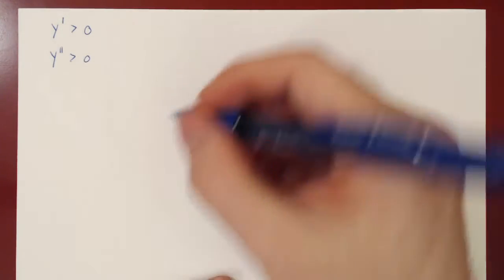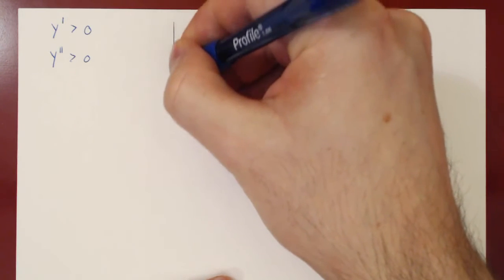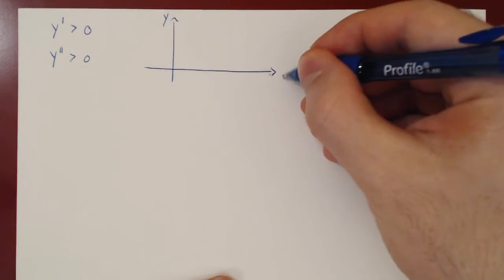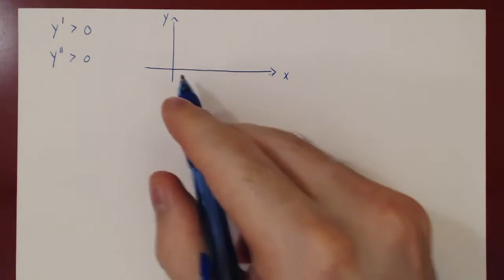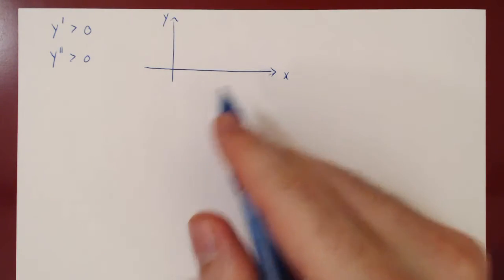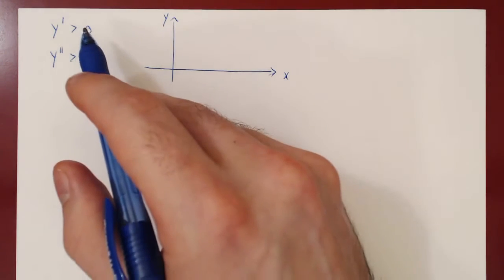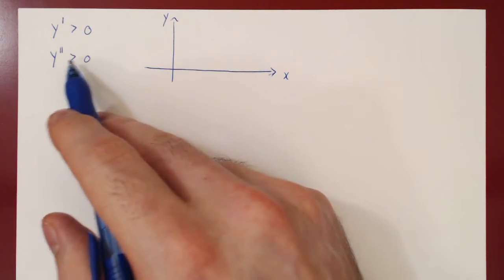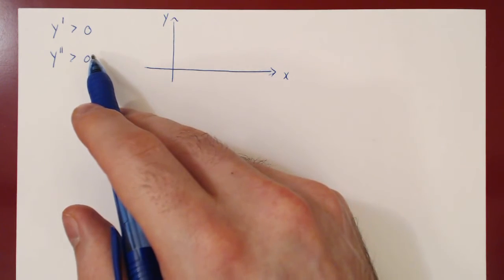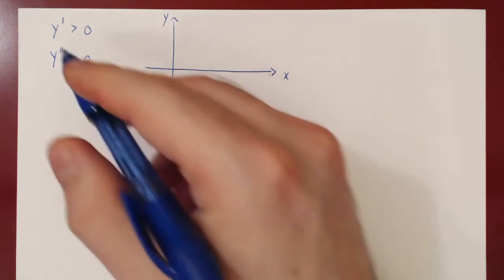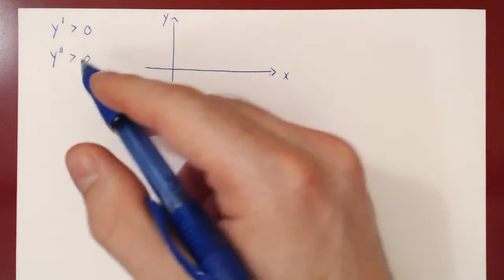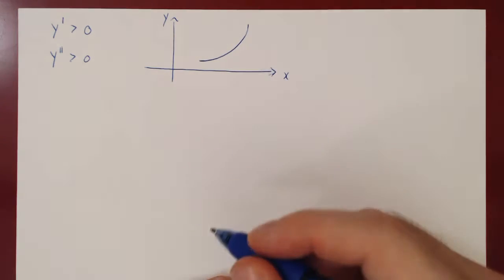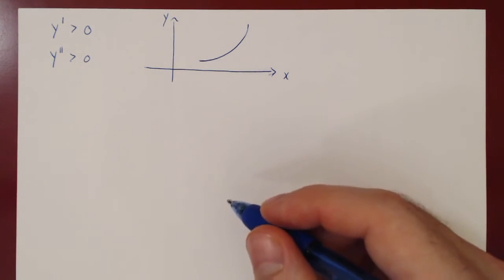This tells us that over this interval, suppose it is over positive x values, suppose it's around here, if the first derivative is positive, the graph is increasing. If the second derivative is also positive, it is also concave up. And the only way to have an increasing function that is concave up is if the graph looks something like this.